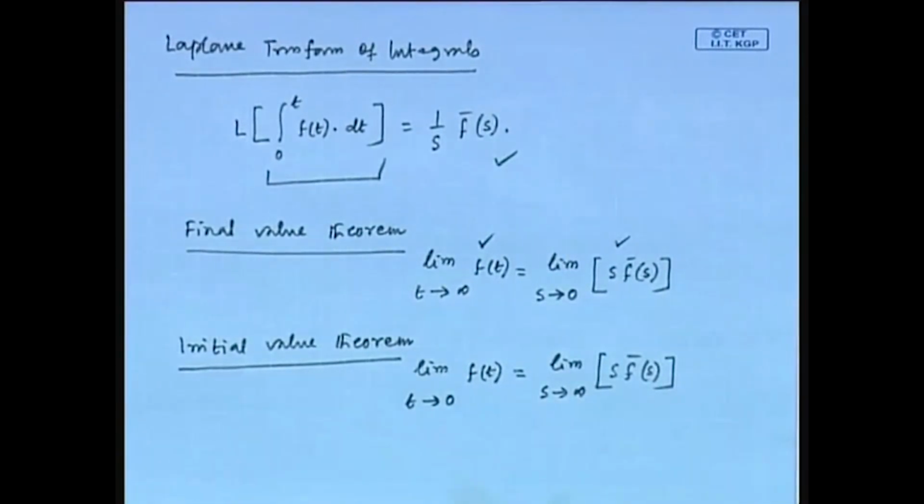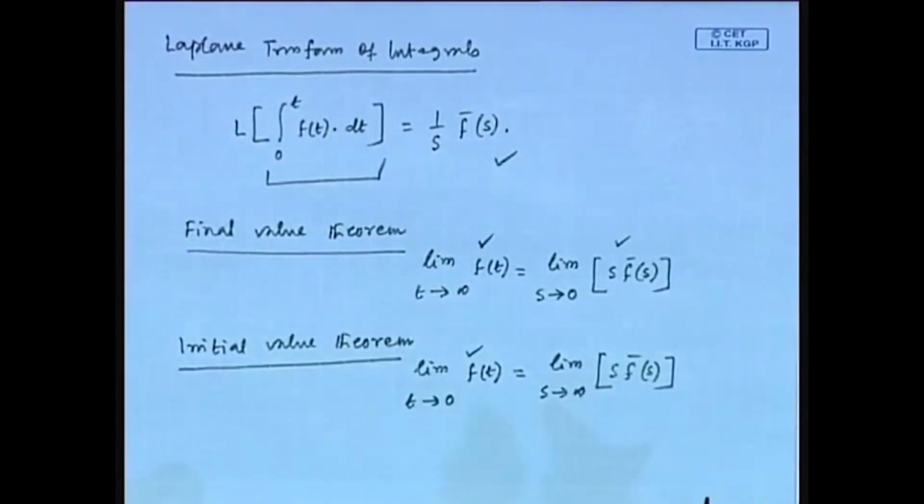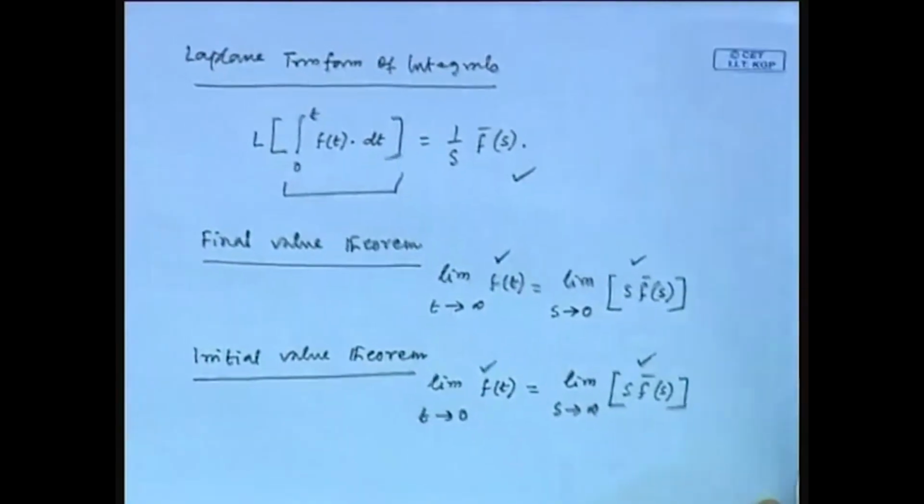Similarly, if the modeling equations are in the time domain, we have to consider this. If they are in the Laplace domain, we can consider the right hand formula. So, these are in brief about the Laplace transforms. Fine.